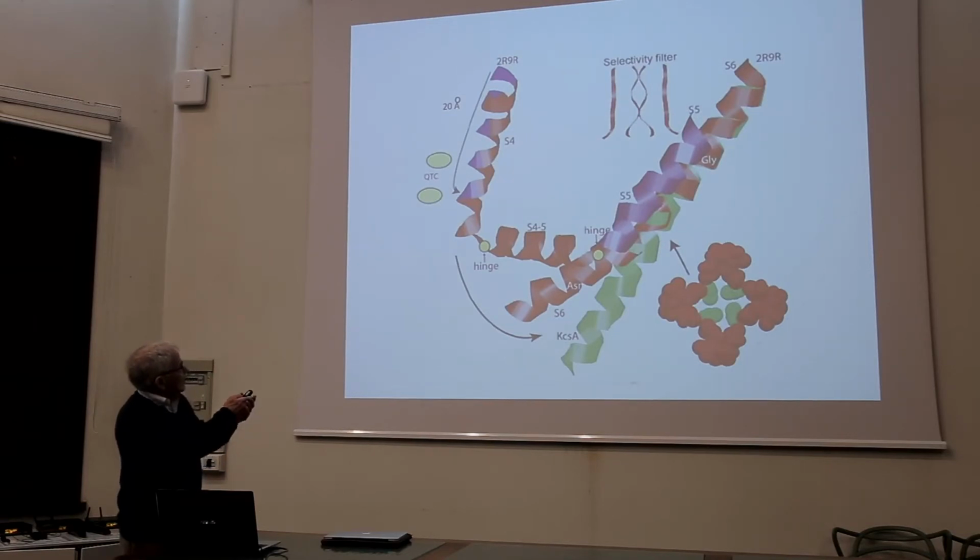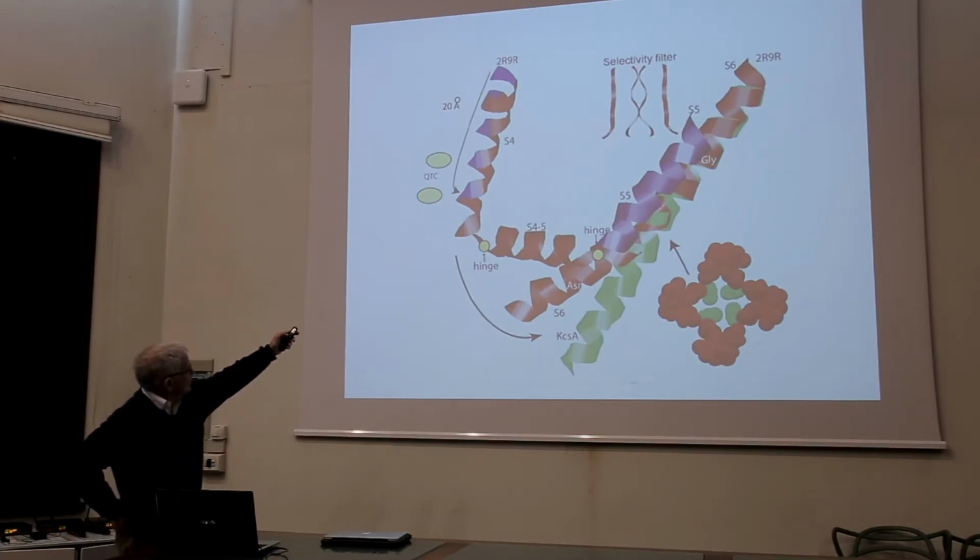Here you see a guess as to what happens. There are 6 helices, S1 through S6. S4 is the one with all of the charges on it, and it presumably moves downward.